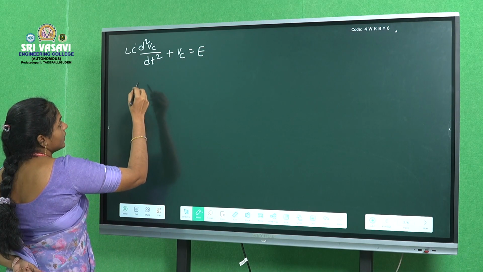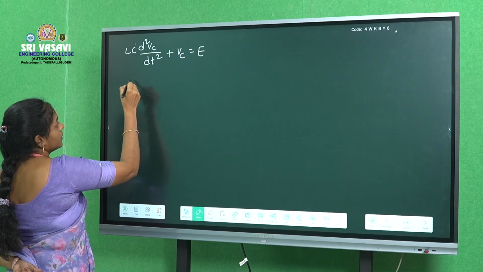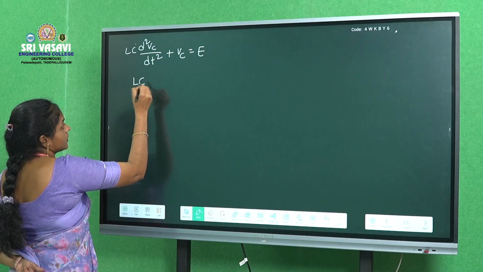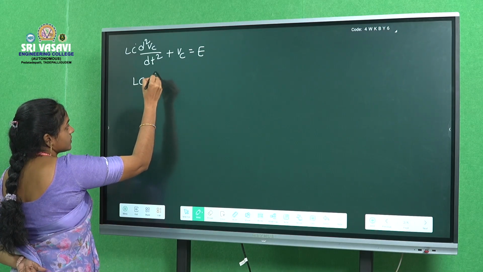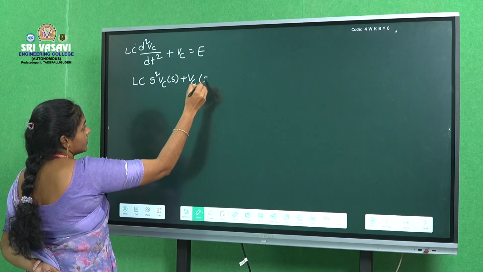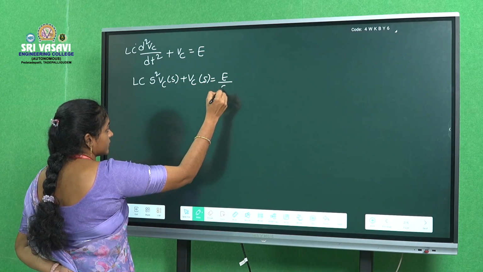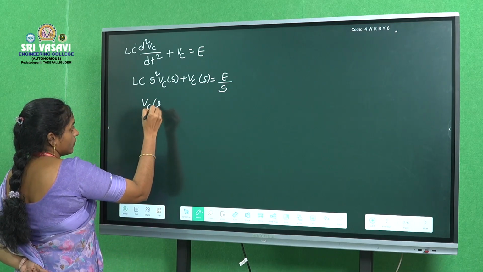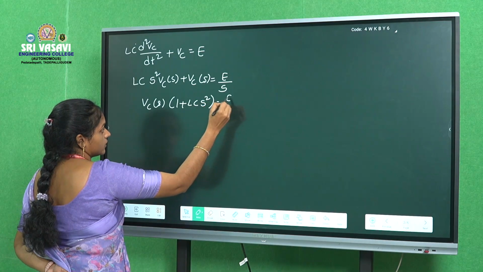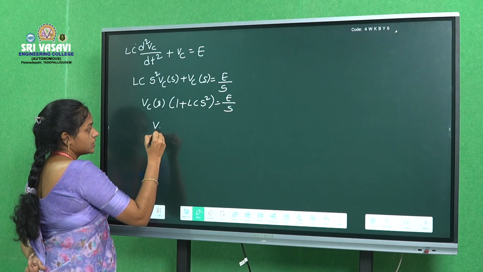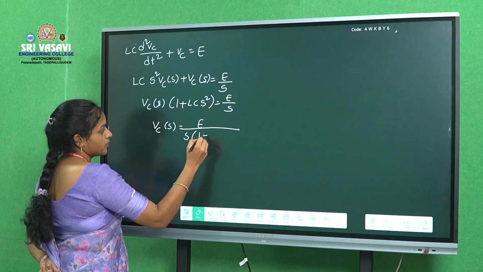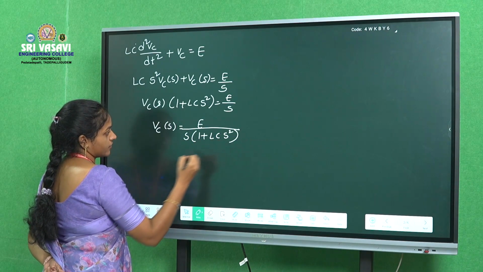So we can apply the Laplace transform here. Then we will get the expression LC into S square Vc of S plus Vc of S equal to E by S. By taking Vc of S as common, 1 plus LC S square equal to E by S. Vc of S can be written as E by S into 1 plus LC S square.